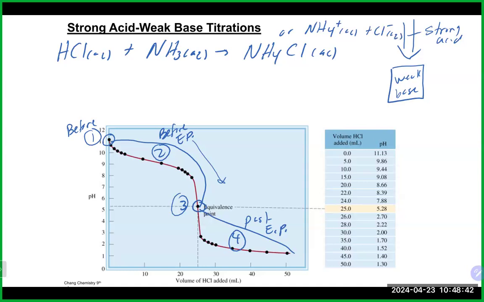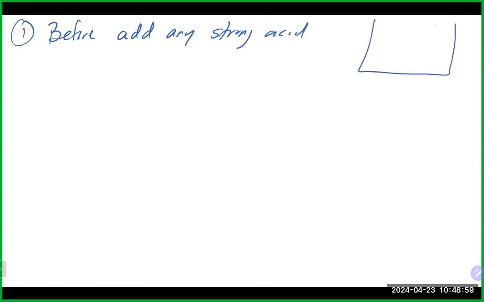So obviously here, before we start the titration, which is the first part, before we add any strong acid, really the only thing that we have in our beaker is a weak base. So because it is a weak base, you would do really a Kb problem.